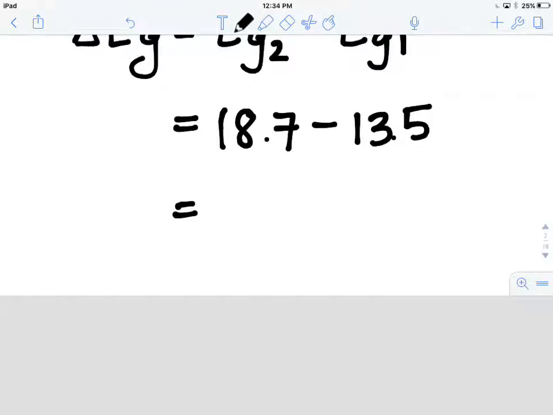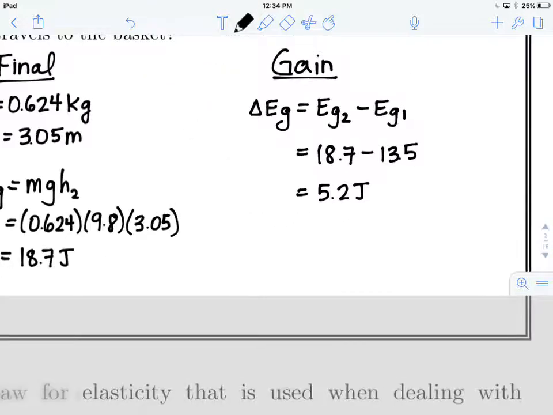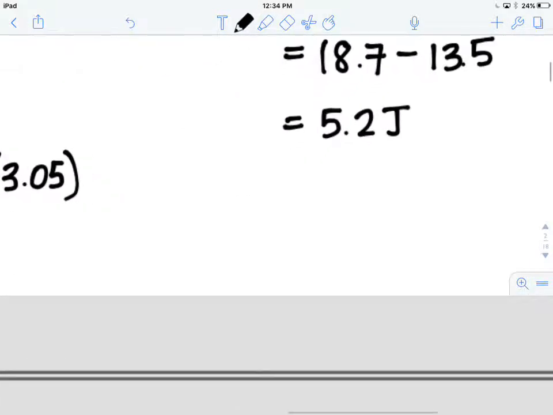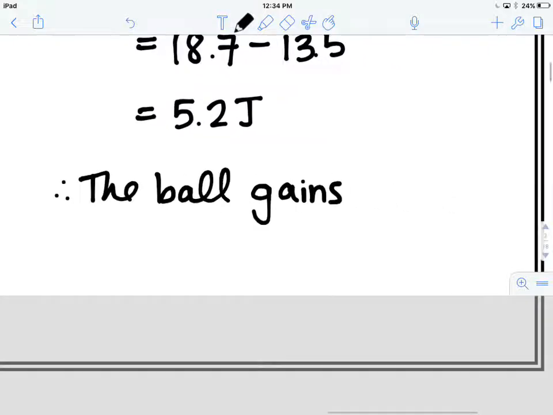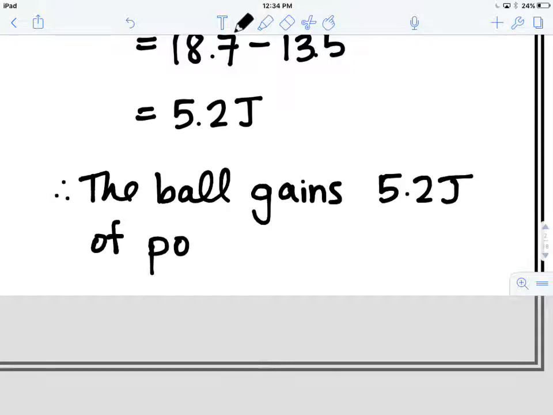And we get an increase of 5.2 joules. Okay, so we can conclude, therefore, the ball gains 5.2 joules of potential energy.